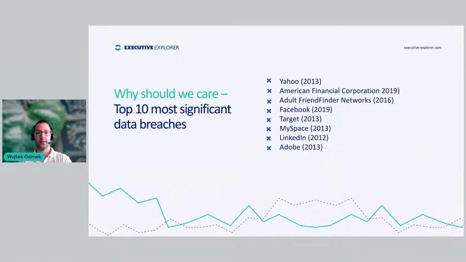And of course, we could probably discuss for another hour just this list. So let me just pick one that is on the top of the list. I'm not going to talk about Yahoo, because Yahoo was actually an attack of hackers. So this is not a perfect case for us. Not all of them are related to some internal issues.